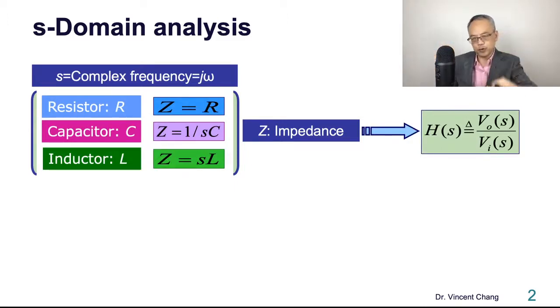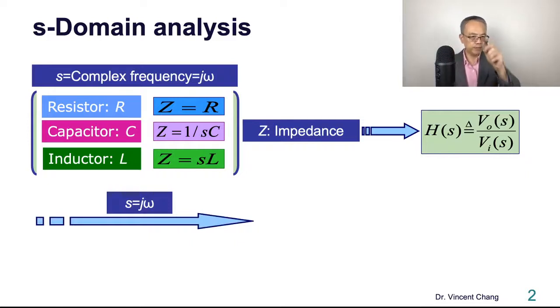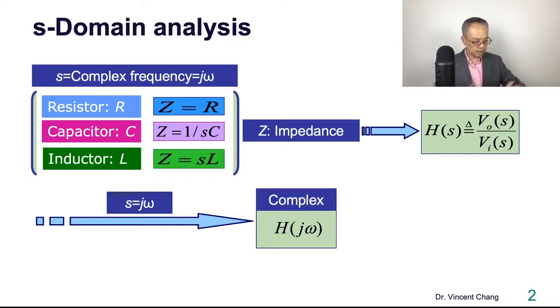For example, you replace C by 1/(sC) and L by sL, then you dive into the circuit based on circuit theorems, and derive the transfer function. Once you get the transfer function, you have to replace s by jω. Omega represents the physical frequency. Then the complex transfer function shows up.